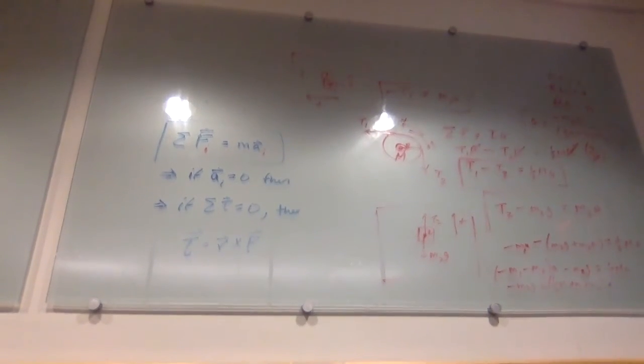So we know we have three unknowns total, and luckily we have three objects. Is there any question about this? All right, what else?